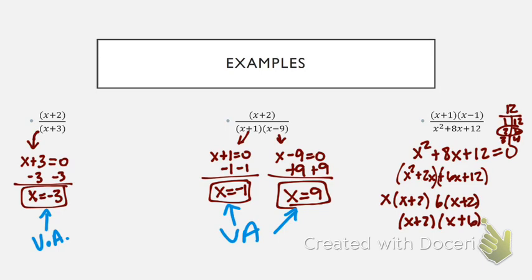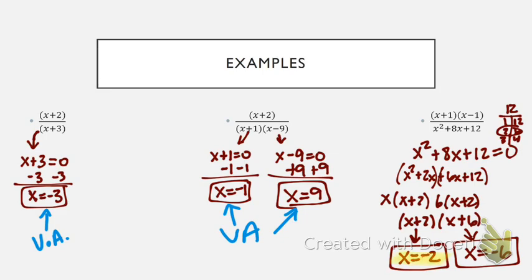So my denominator was x squared plus 8x plus 12. I just factored it to x plus 2, x plus 6. And I know I have that giant Doceri desktop trial in the way. So hopefully you're listening. But x plus 2, x plus 6, now this just looks exactly like the second example. So if x plus 2 is a factor, then x equals negative 2 is a problem. And if x plus 6 is a factor, then x equals negative 6 is a problem.